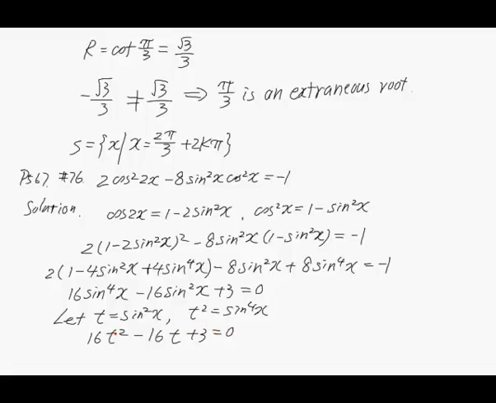So now we have one quadratic equation. Okay, and this one we can factor. If you forget how to factor this polynomial, you may directly use the quadratic formula, right? So right now let me show you how to factor this polynomial. You factor this leading coefficient.